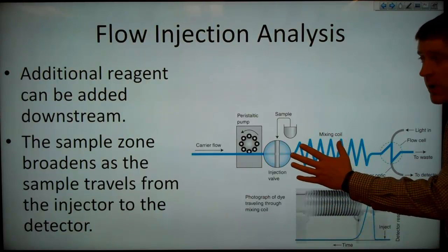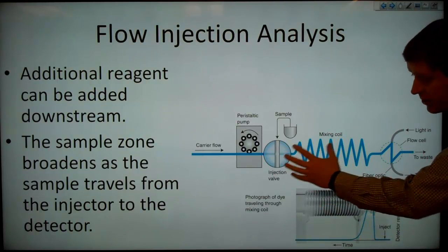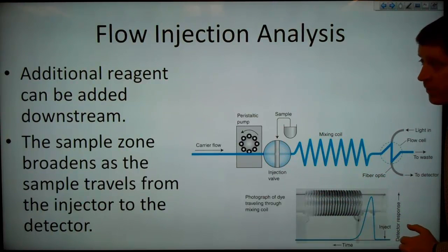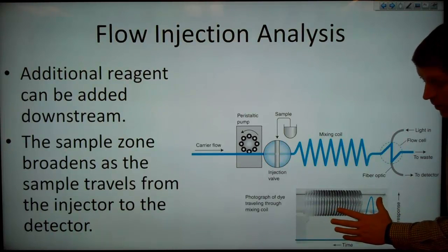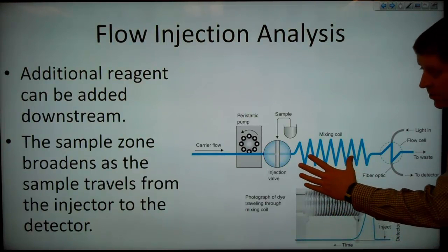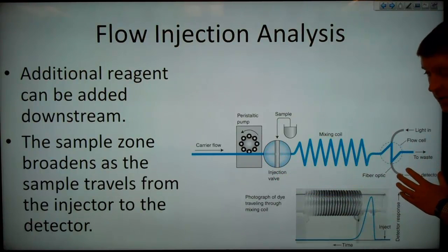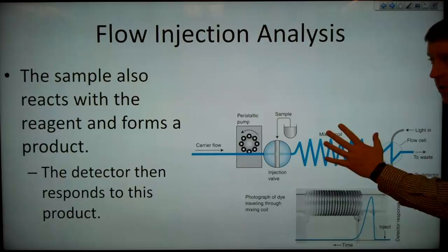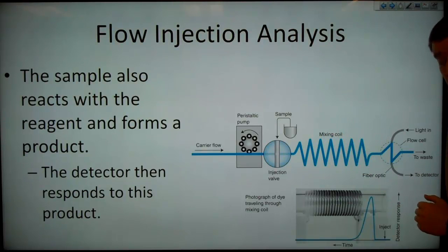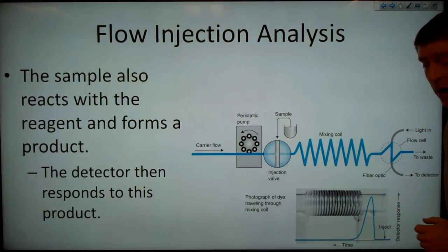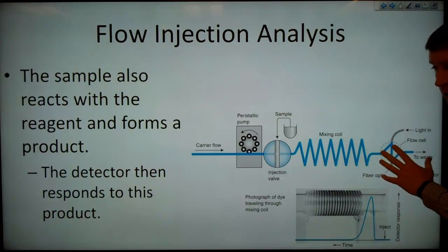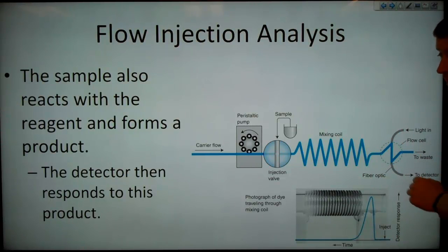So additional reagent can be added farther downstream from our injection valve, and the sample zone broadens as the sample travels from the injector here down to our detector. The sample also reacts with the reagent and forms some product, and then our detector is responding to that product.